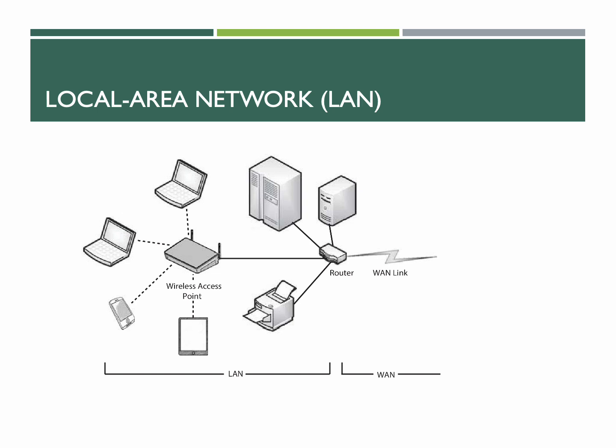Note the split in the diagram between LAN and WAN. The LAN portion handles internal communication while the WAN link is the bridge to external networks. This is a typical setup in many homes and small offices. As we move forward, we'll also look at other types of networks.